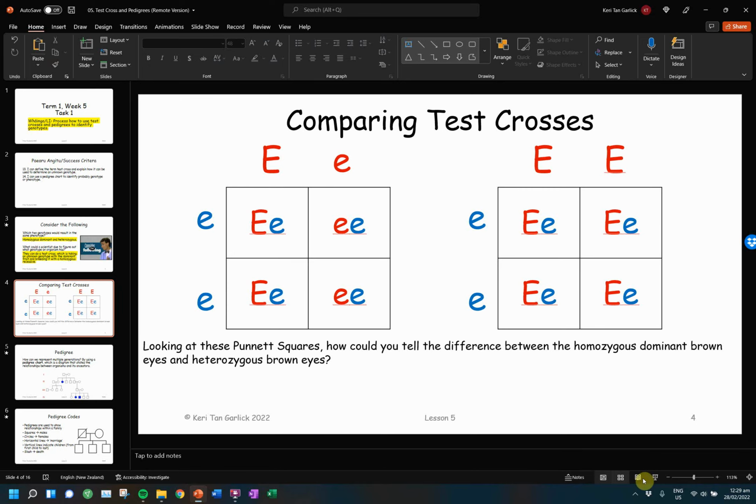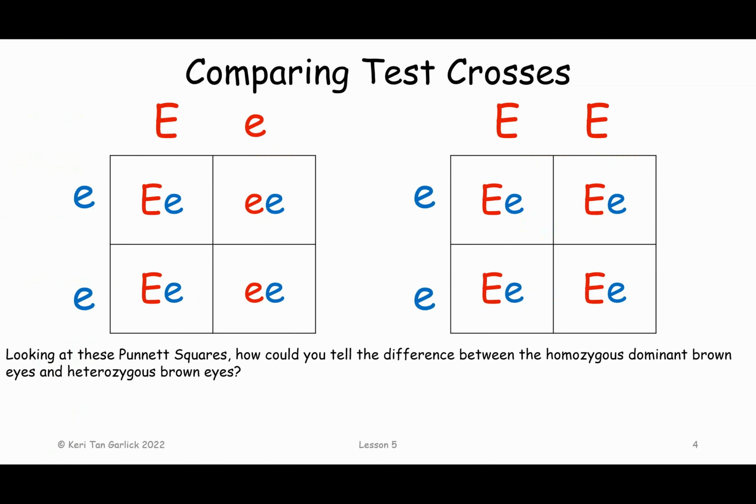Cool. So the main thing that we're seeing in a difference is that if I have a heterozygous individual, I should have half of my offspring being blue because it's a 50-50 mix. Half of them are heterozygous, half of them are homozygous recessive. If I had a homozygous dominant brown eye person, all the offspring would be brown eyes, and that's because all the offspring are heterozygous.